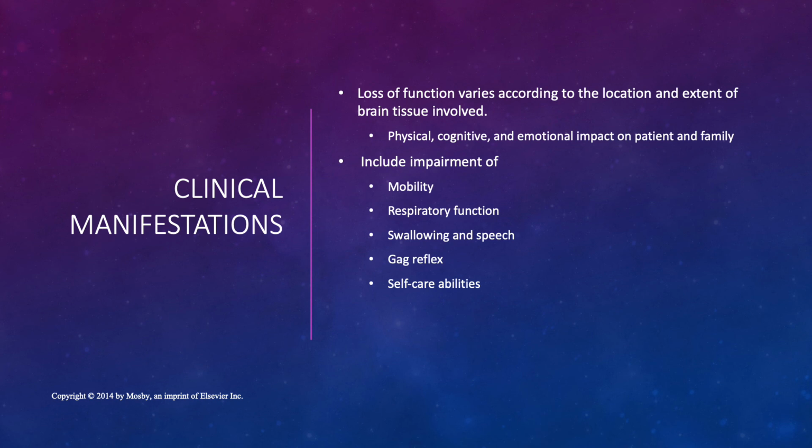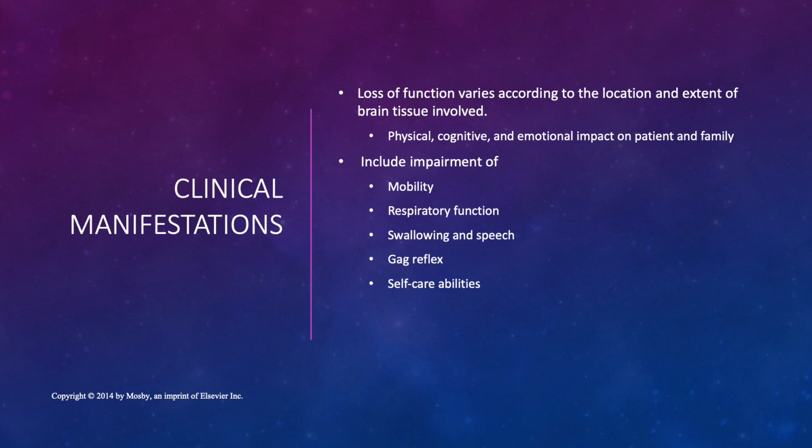So the clinical manifestations of a stroke are going to depend on what location got hit, what area of the brain got damaged. It can have physical, cognitive, and emotional impact on the patient. And remember, there's a whole family around this patient that is going to be impacted somehow.